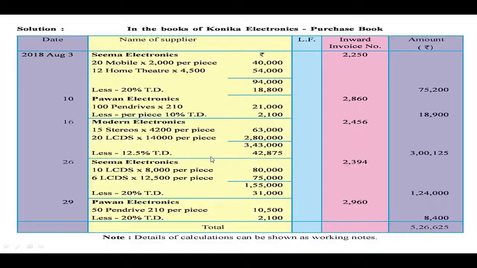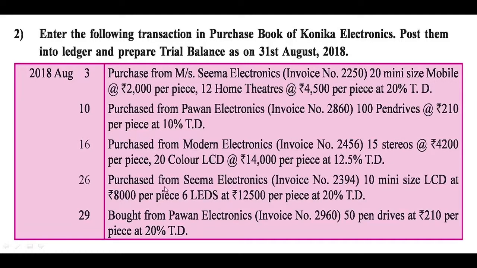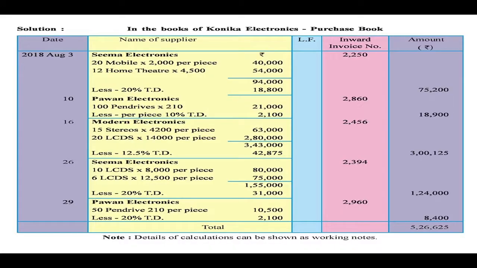Then the next transaction is on 10th August. Purchased from Pawan Electronics, invoice number 2860, 100 pen drives at the rate of rupees 210 per piece at 10% trade discount. So in the same manner we have to record this transaction. Date is written here, 10th August.